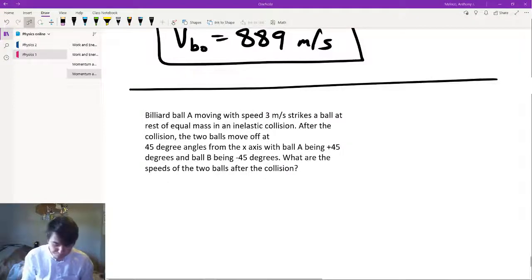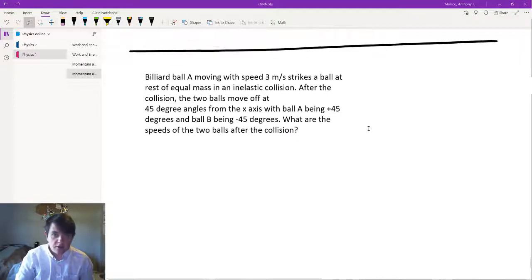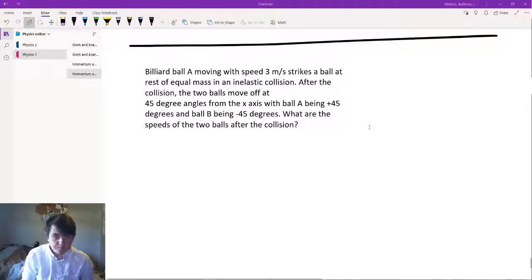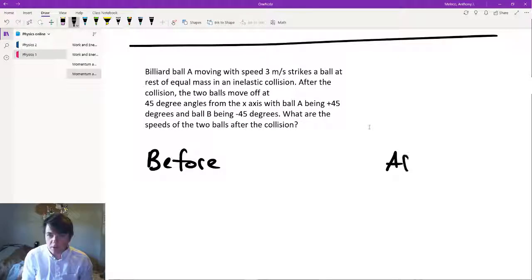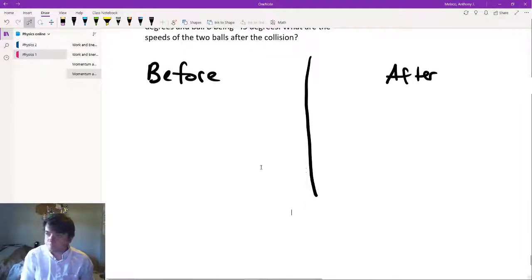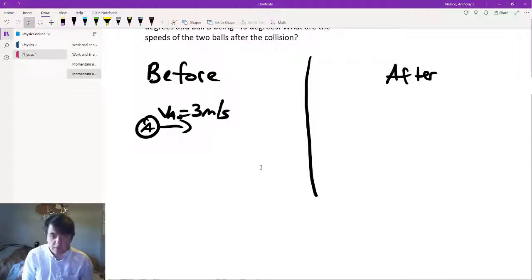So let's go ahead and draw this. You have the before and you have the after. You have billiard ball A, and it's moving at 3 meters per second.